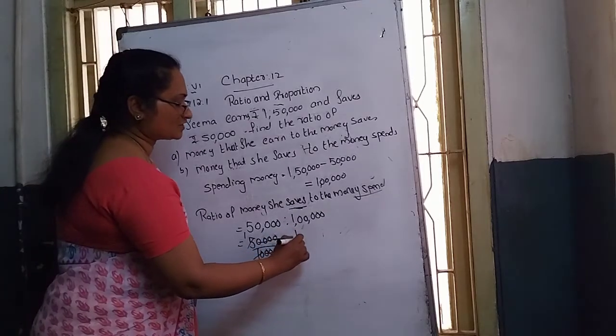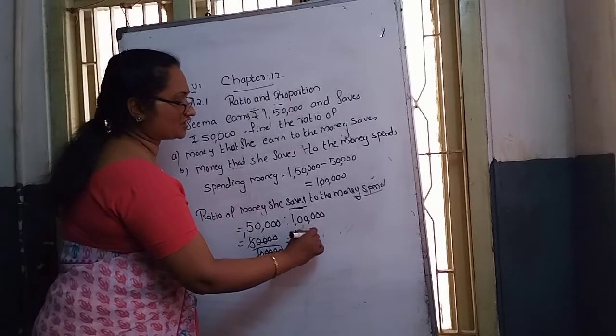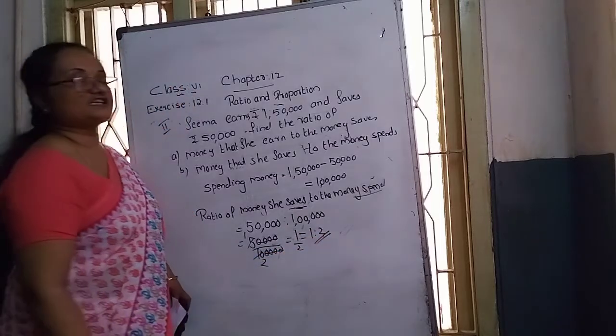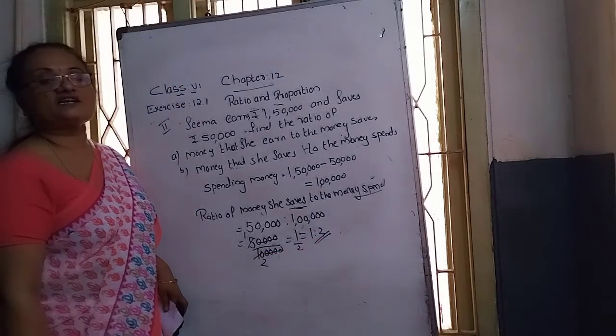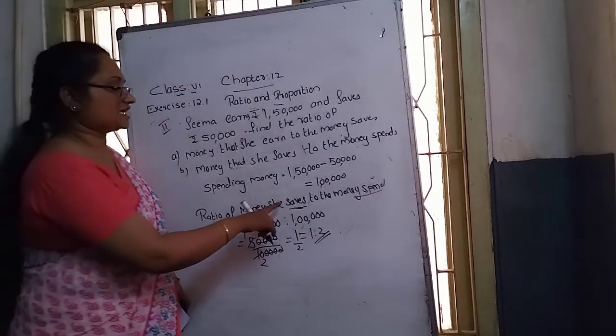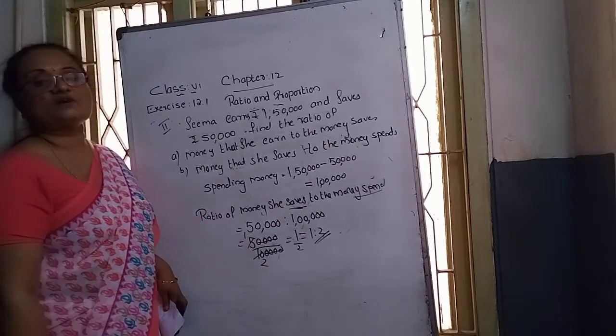That means 1 by 2. 1 by 2 written as a ratio is 1:2, the ratio of her saving amount to the spending amount.